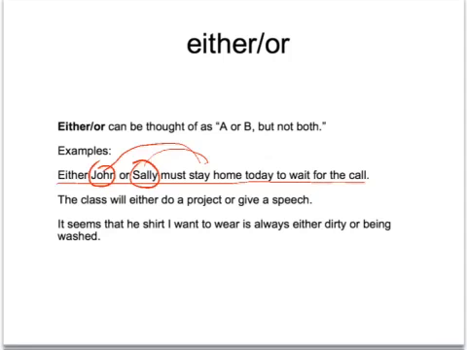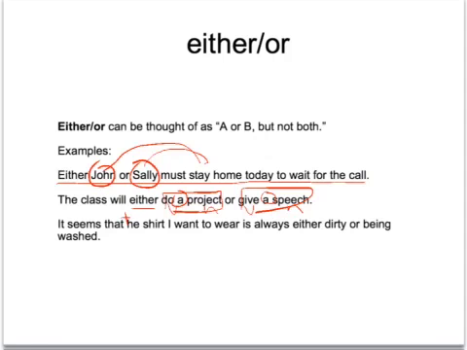In the next example, the class will either do a project or give a speech. Either do a project, give a speech. Both start with a verb and with a noun, article in the middle, so they're of equal value. The next one, it seems that the shirt I want to wear is always either dirty or being washed.